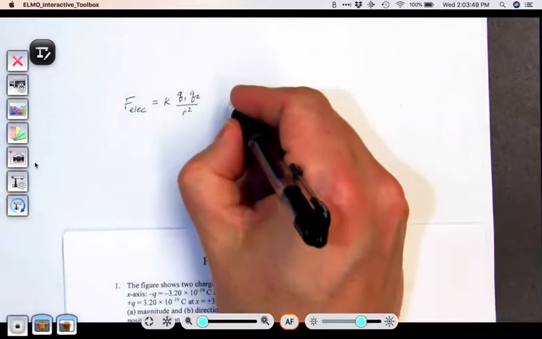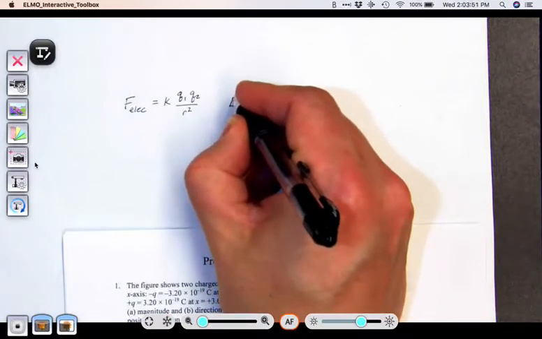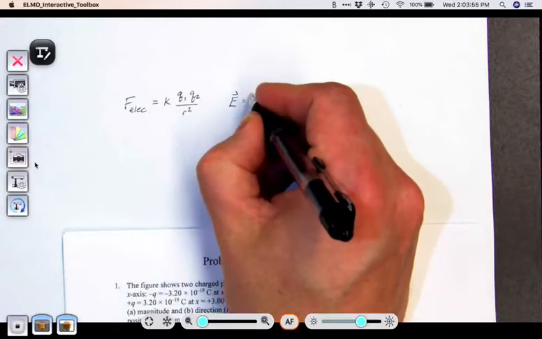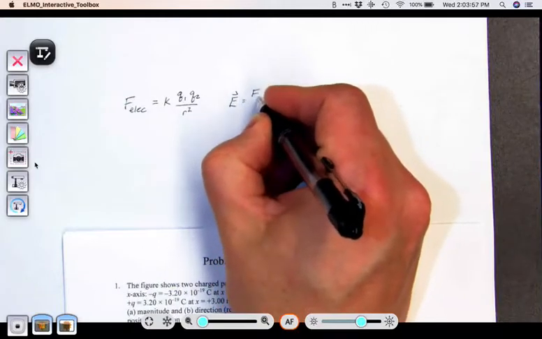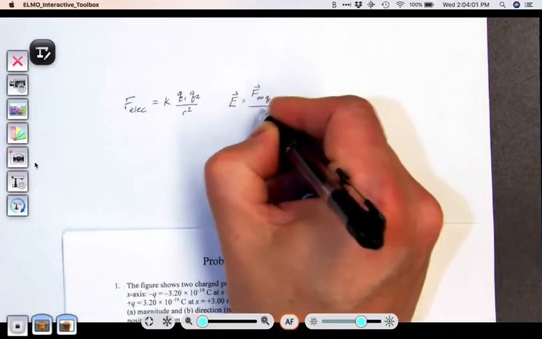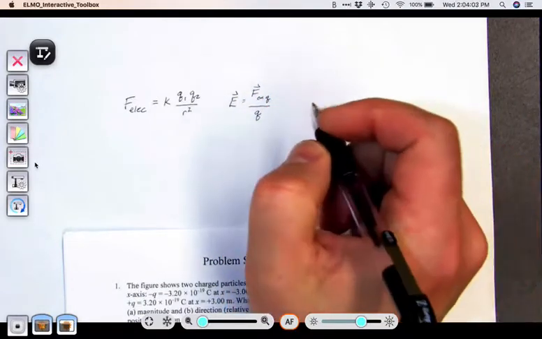Now we're introducing the concept of an electric field and saying that the electric field at a certain point is equal to the force on some charge at that point divided by the magnitude of the charge itself.